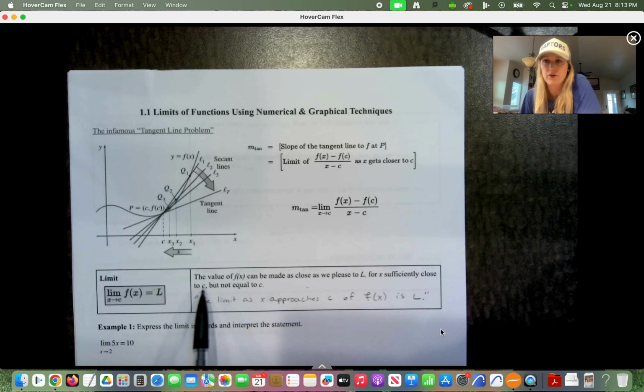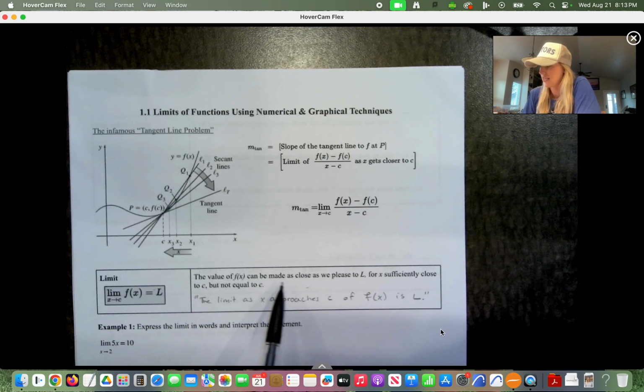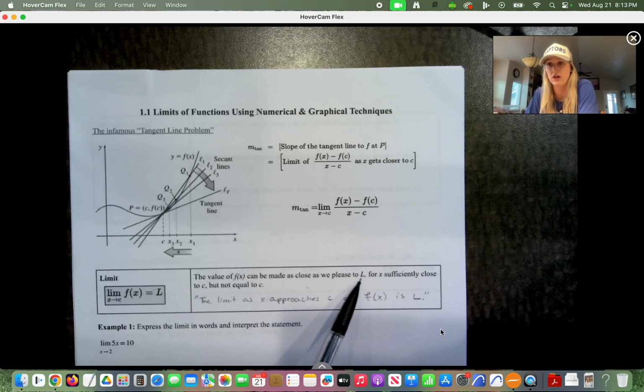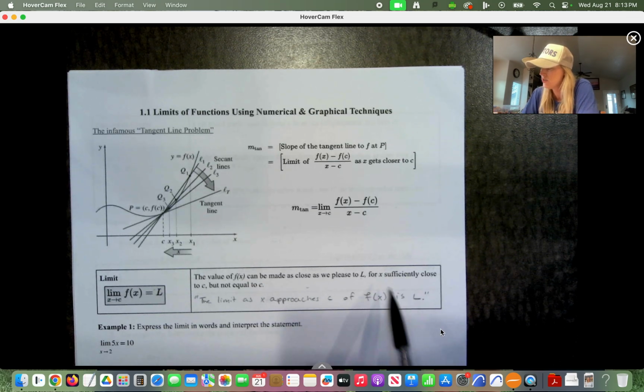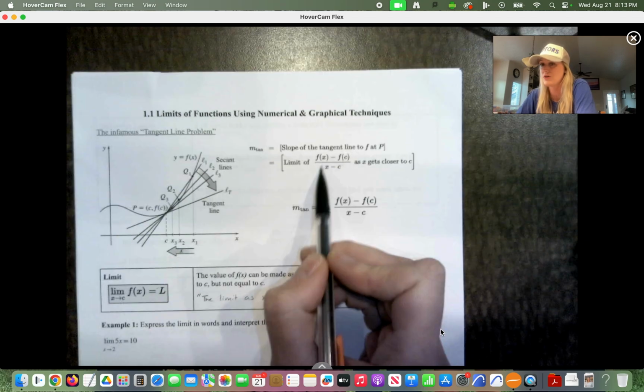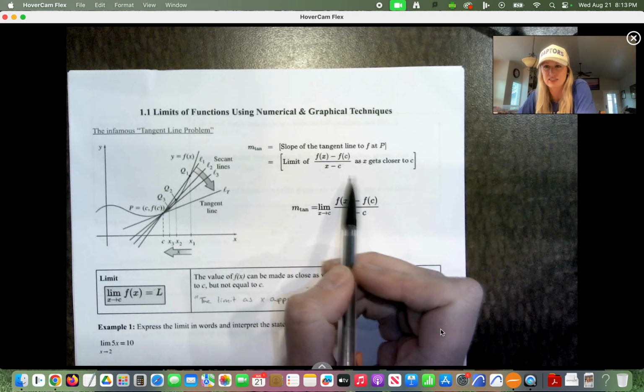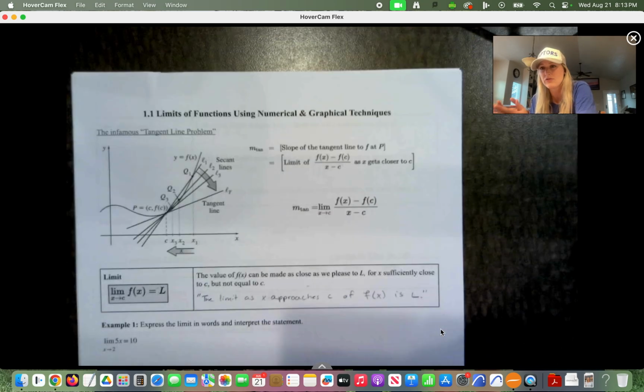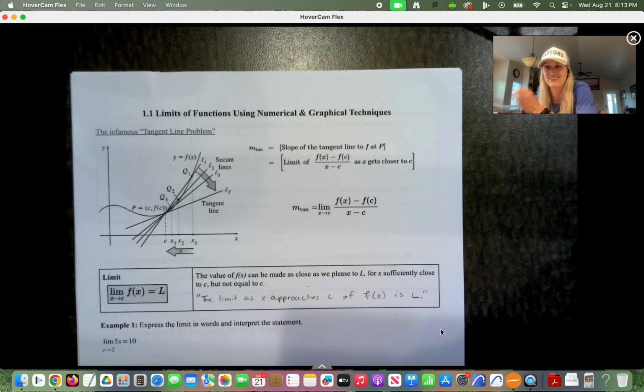So here's our formal definition, right from your book. The value of f of x can be made as close as we please to L, L being the limit value, for x sufficiently close to c but not equal to c. Again, I don't want x to equal c because then I get division by 0, but we want it to be as close as we can get to c to look at that exact slope at that point.